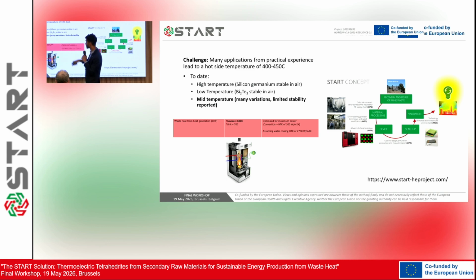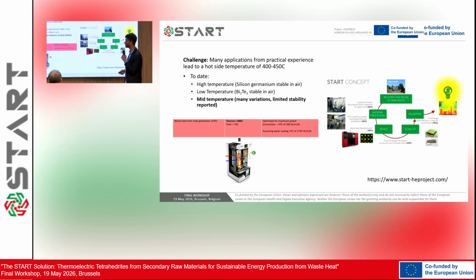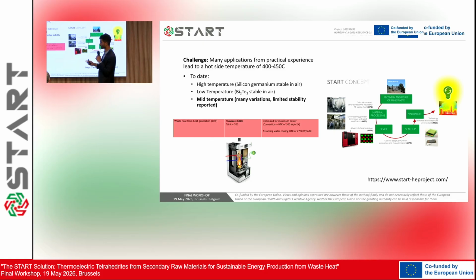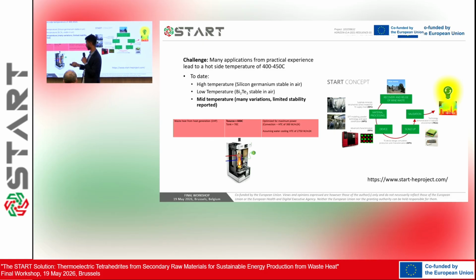For the mid temperature range, there have been many reports of various materials, but limited stability studies. And that is something that motivated us to look at tetrahedrites, especially coupled for requirements for combined heat and power applications. So we chose that, and then we defined the requirements of such a device.